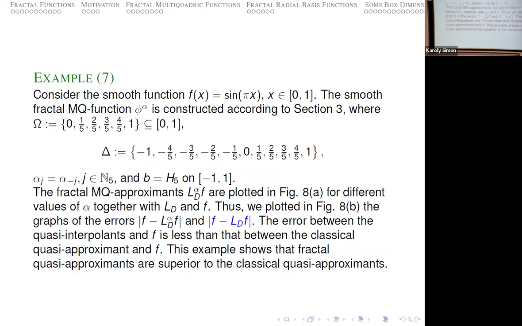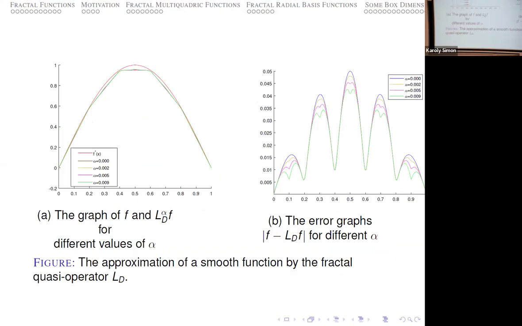Here I'll give the application. If you want to approximate this function, which is twice differentiable, can you get a better approximant or not? Here we have shown when you take alpha equal to 0, this is the blue line, and this green line will give the better approximation.